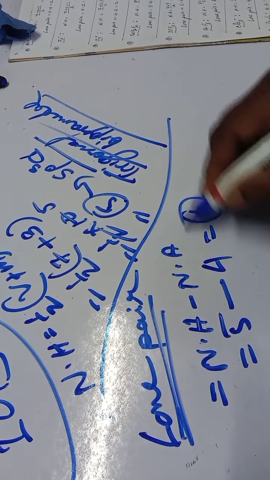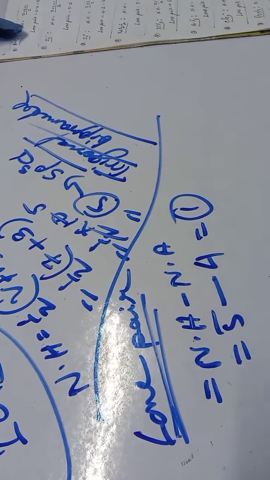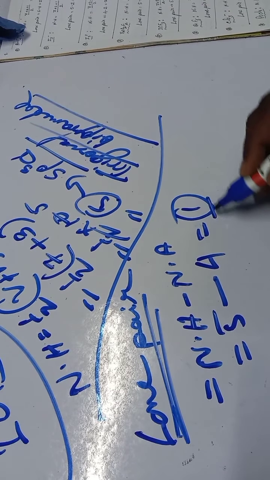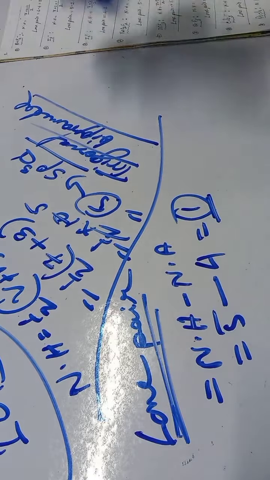So equal to 1. The number of lone pair is 1. Okay, my dear viewers.